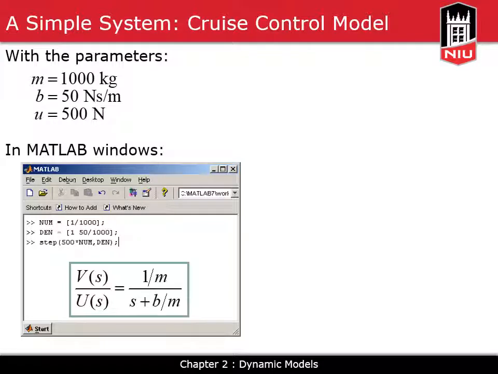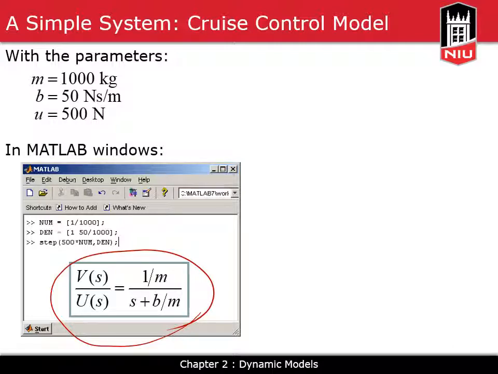First of all, we're going to use our transfer function, the one that we found in the previous slide. You can see that in this box over here. This transfer function has a constant in the numerator and s plus a constant in the denominator. All we have to do is set up the numerator array, an array that has the coefficients of the numerator.